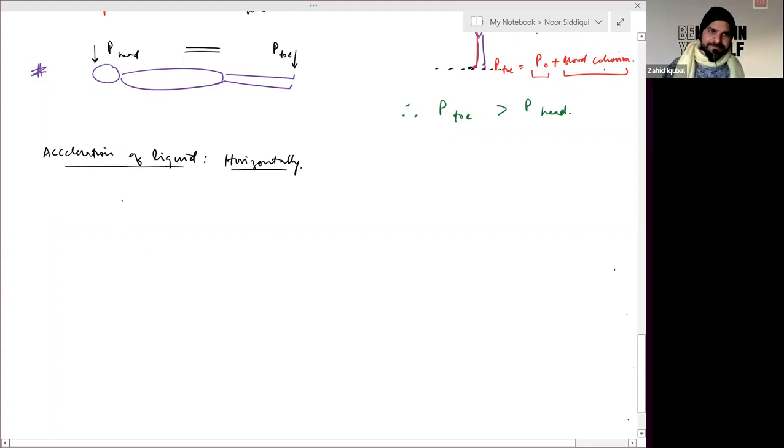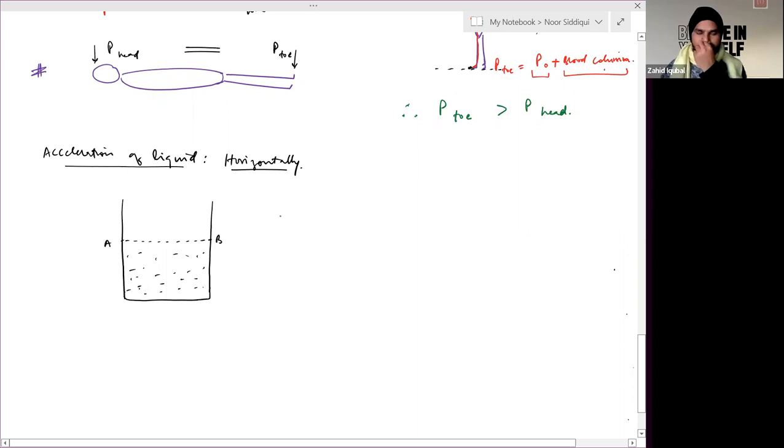Suppose you have a container in which liquid is filled up to this level. So at point A, at point B, there will be also only atmospheric pressure.